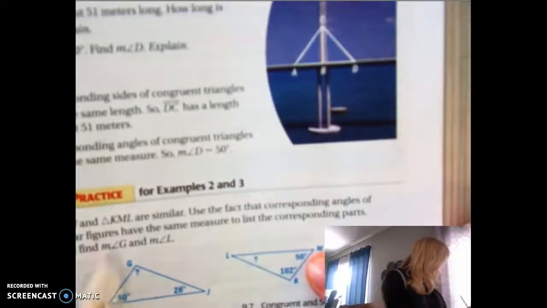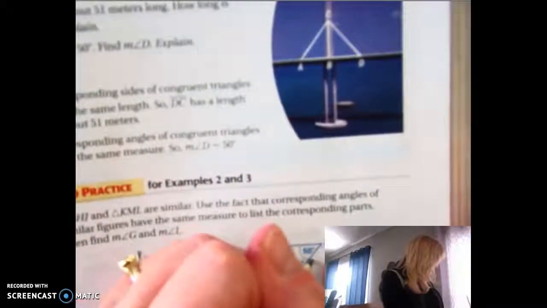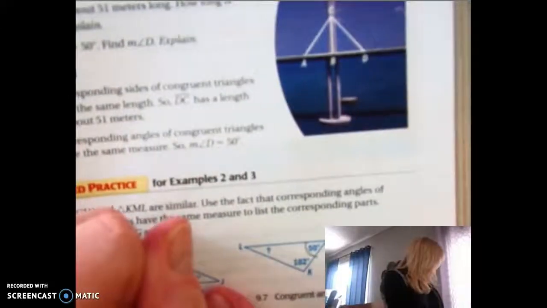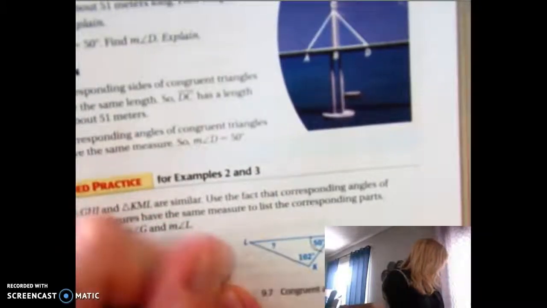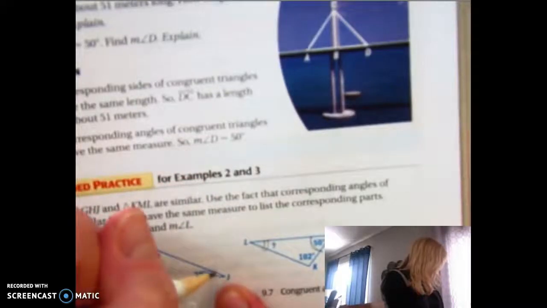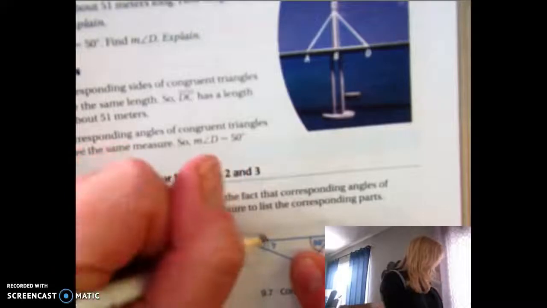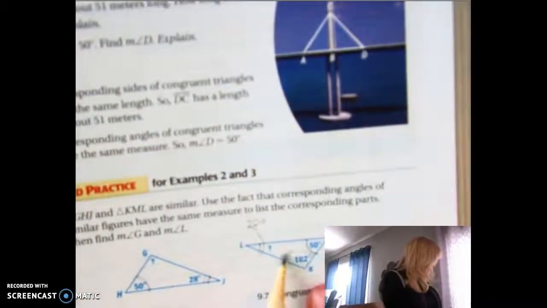So if you see this angle right here, angle H and angle M are congruent. Angle J right here and angle L are congruent, which would make the question mark over here, this one would have to be 28 degrees, which leaves our top one.